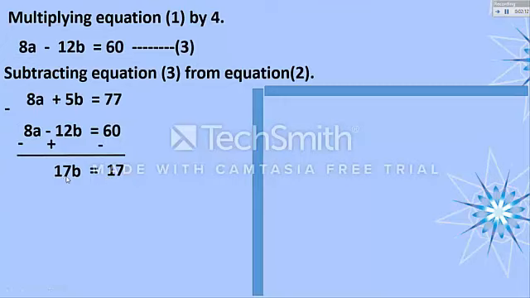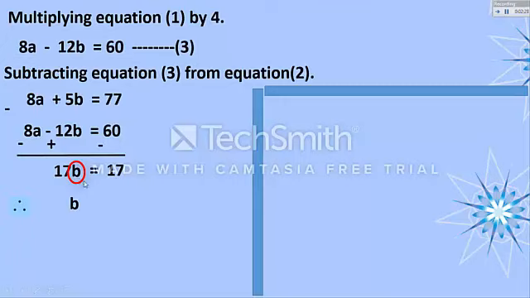Then taking 17 to the RHS side, on the LHS side what is the remaining term?